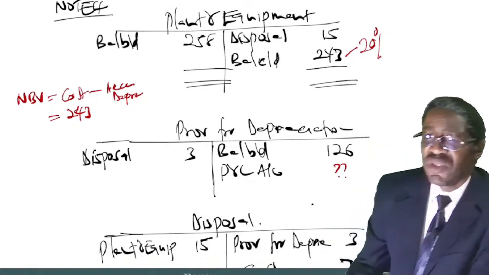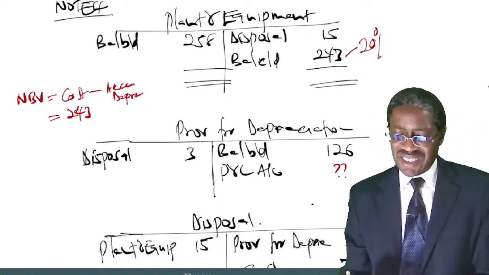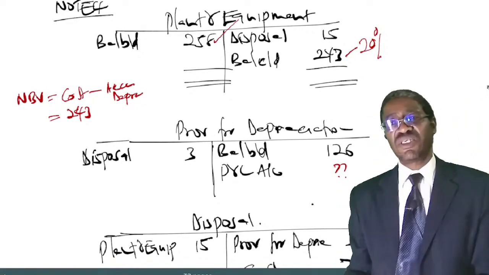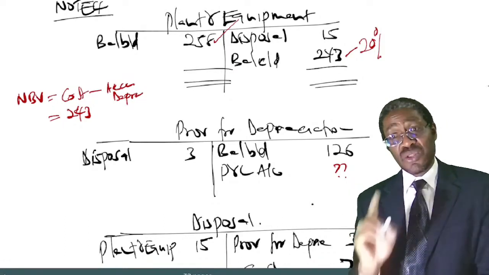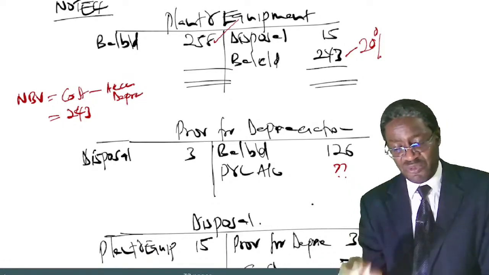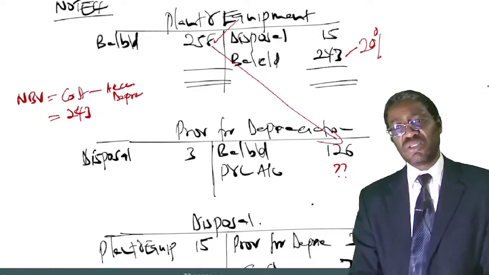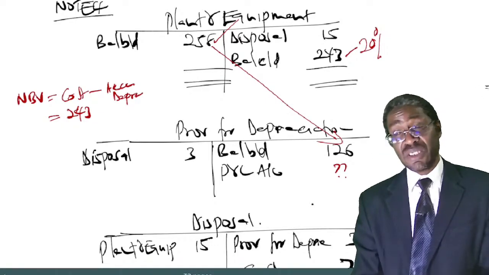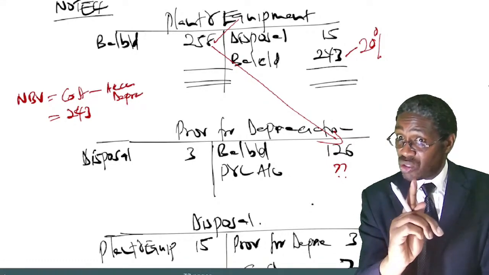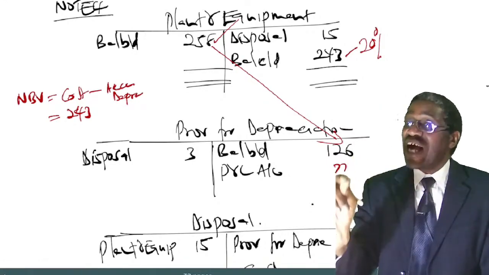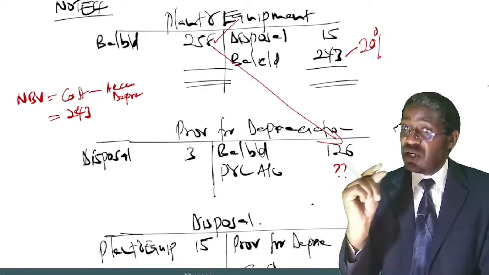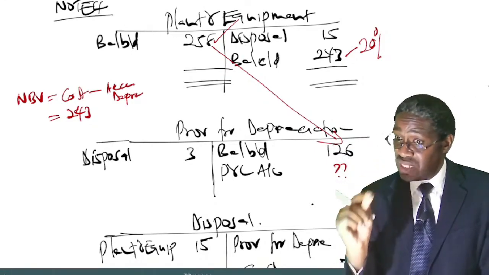Remember, we began the year with assets costing 258. Those assets which had a cost of 258, look at it now, they had an accumulated depreciation of 126, as per the trial balance.